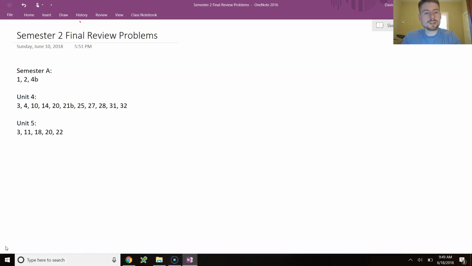Okay, next problem, number 20, is asking about a lighthouse on an 80-foot tall hill. So we have an 80-foot tall hill and then a lighthouse on top of that. This is my great lighthouse. So this is 80 feet.